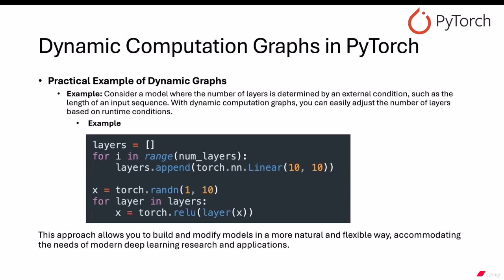Here is an example: layers = [], for i in range(num_layers): layers.append(torch.nn.Linear(10, 10)), x = torch.randn(1, 10), and for layer in layers: x = torch.relu(layer(x)). This approach allows you to build and modify models in a more natural and flexible way, accommodating the needs of modern deep learning research and applications.